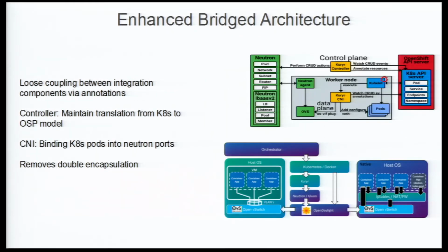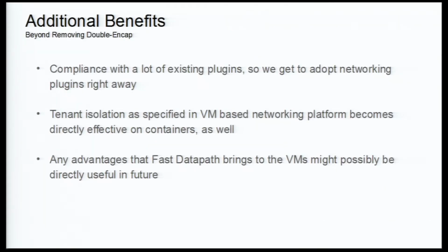And that's where you have some kind of enhanced bridge architecture wherein you don't want your container to use its own networking. Architect your container platform in such a way that it uses the platform that exists already in your virtual machines for your virtual machines. And think about the benefit it gets you. It gives you compliance with all the existing plugins or SDN controllers that you've already verified with your virtual infrastructure manager.